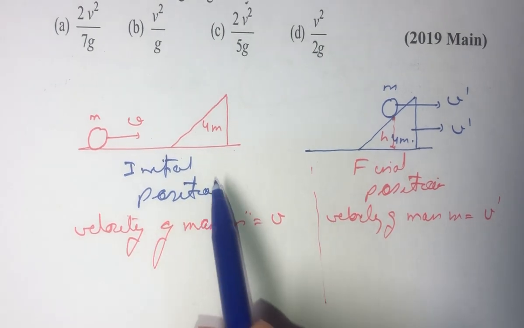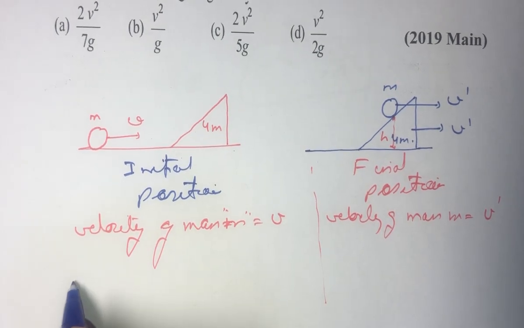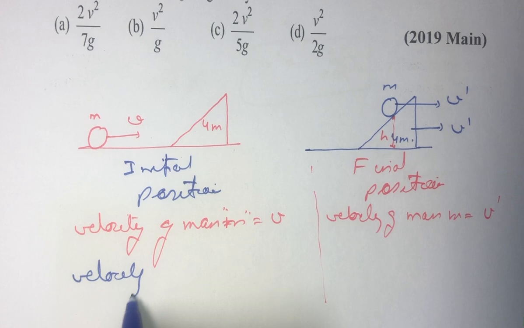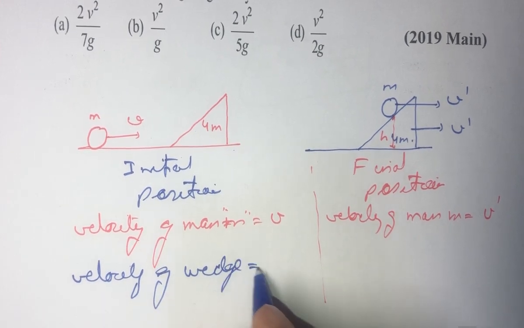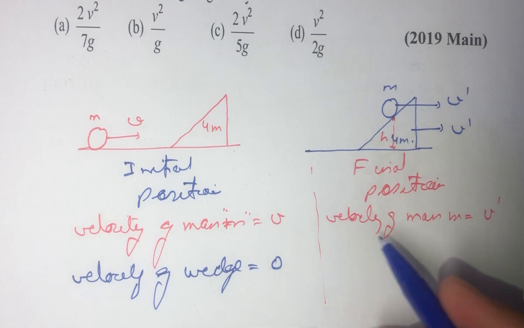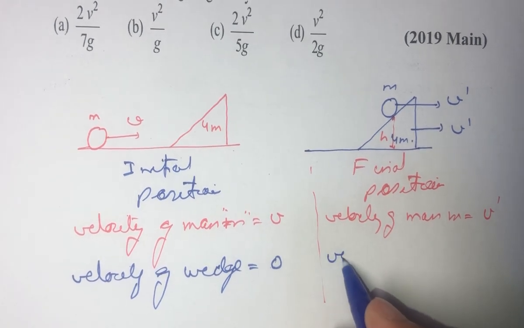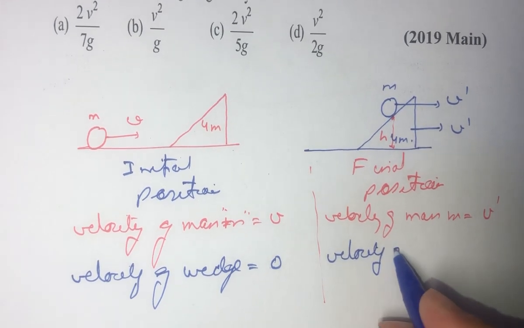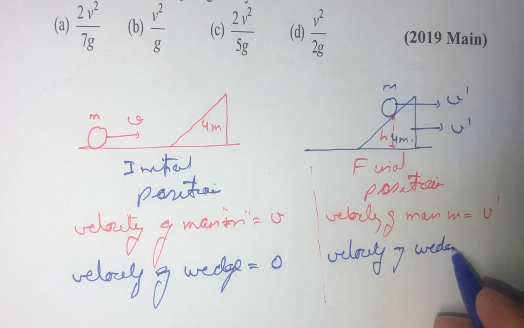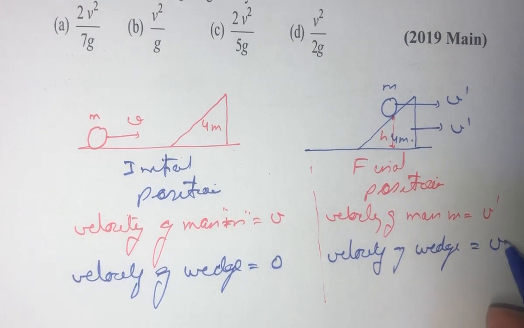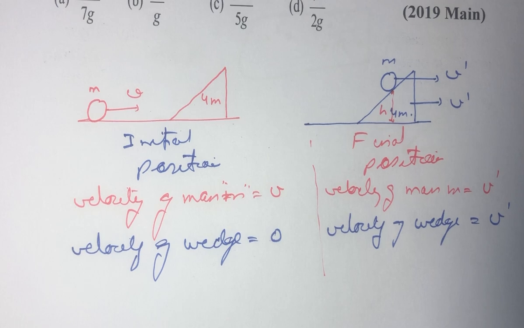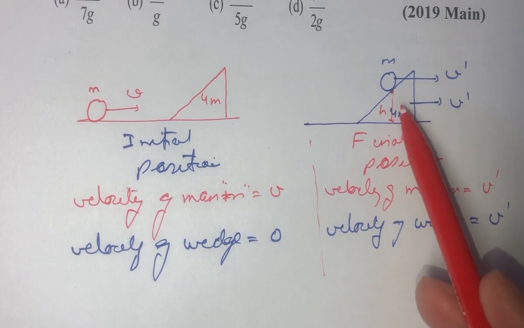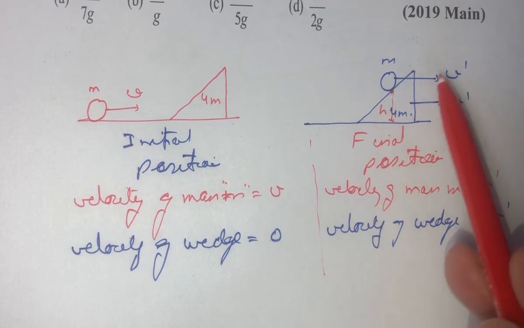In the initial position the velocity of wedge is 0, whereas in the final position velocity of wedge is equal to v prime, and there will be one extra parameter in this case when the particle is on the wedge.